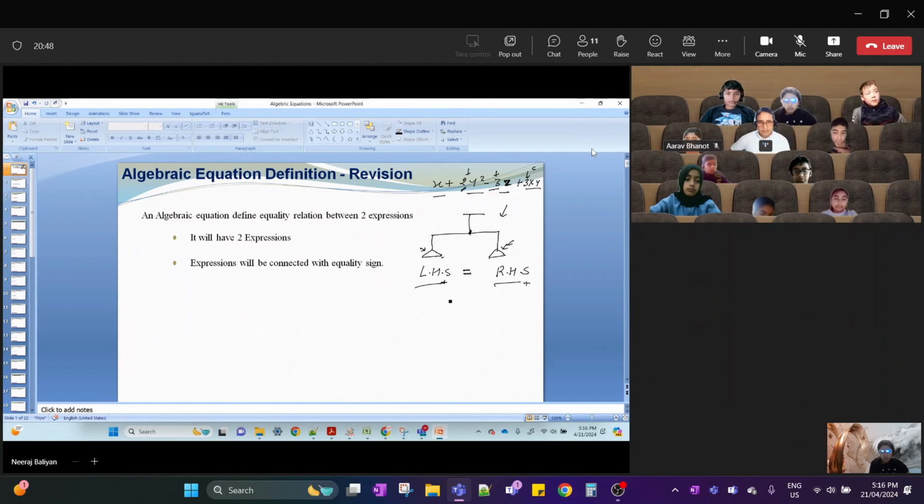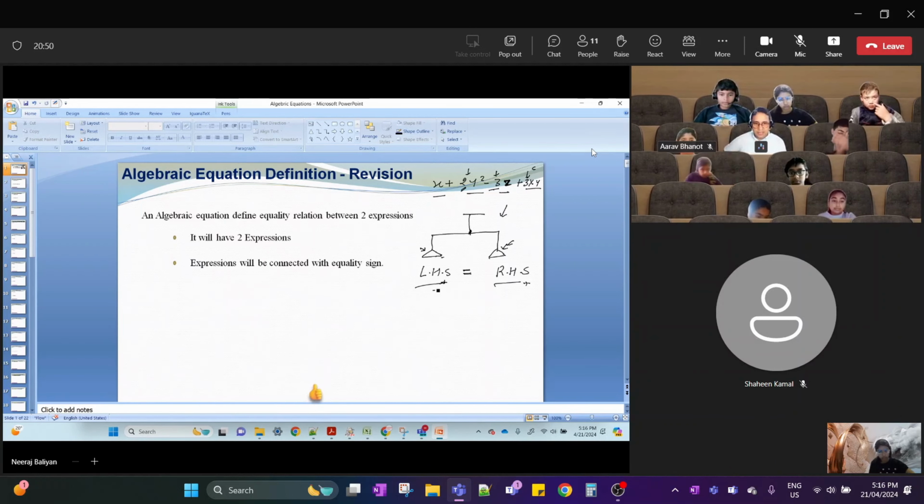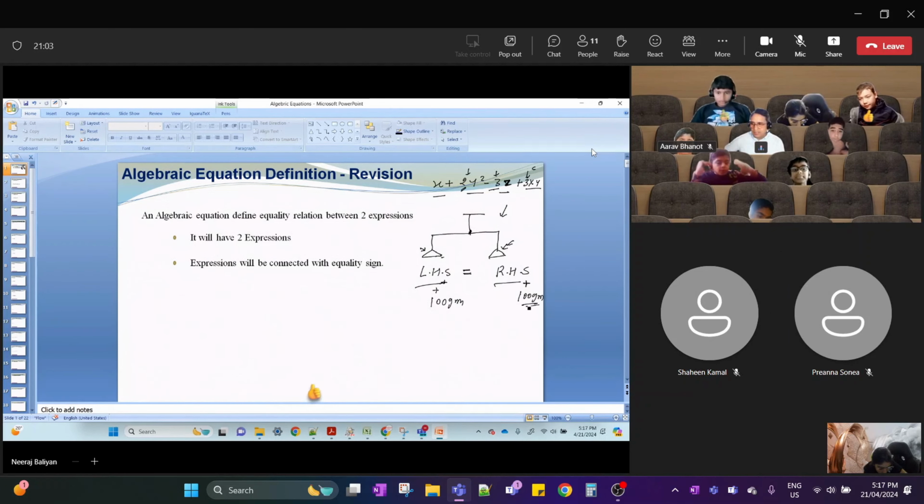Right? So if we want to add anything on the left hand side, in order to have balance, we have to add the same thing on the right hand side. Let us say if we want to add 100 grams on the left hand side, then we have to add 100 grams of material on the right hand side, right? If we want to subtract anything, we have to subtract the same thing from the right hand side.